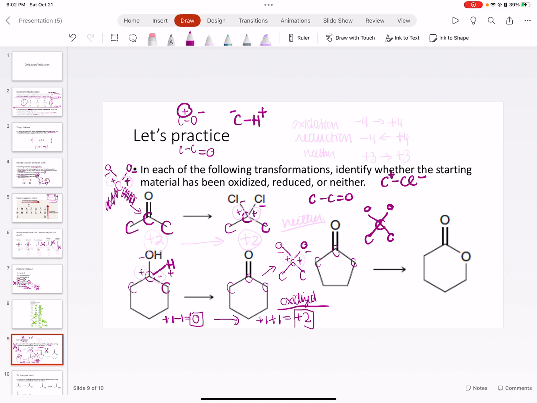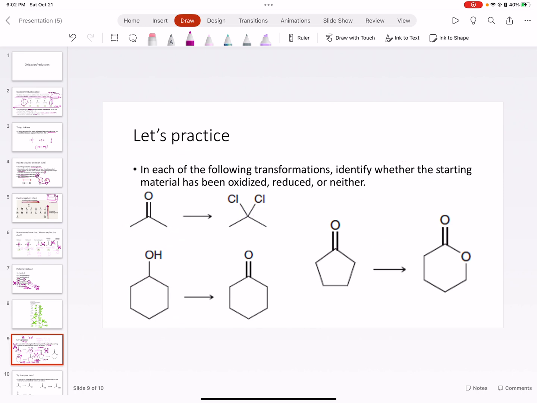We don't care about carbon-carbon bonds, so carbon, oxygen. Carbon is less electronegative than oxygen, therefore there's a positive, negative. You have a positive, negative. We have only 2 positive ones around that carbon, so we just have plus 2.